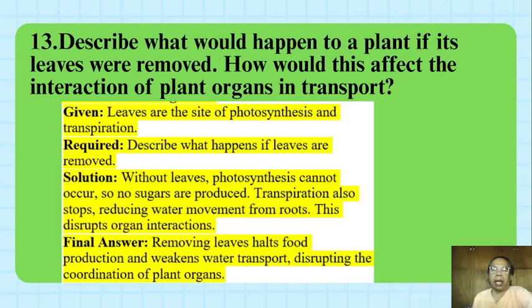These disrupt organ interaction. Final answer: removing leaves halts food production and weakens water transport, disrupting the coordination of plant organs.